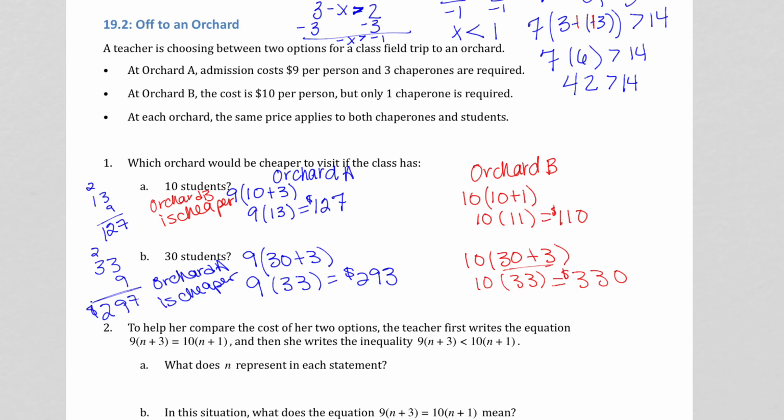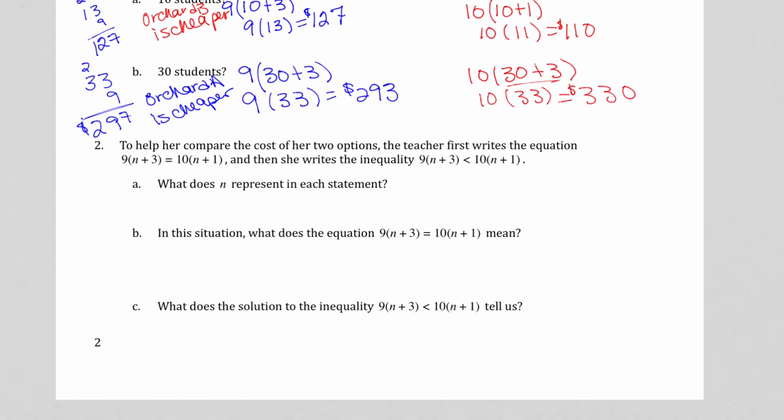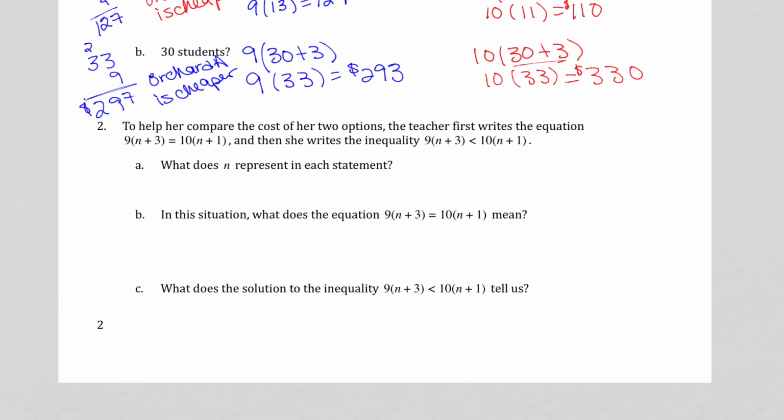Okay? To help her compare the cost of the two options, the teacher first writes the equation 9 times the quantity of n plus 3, so n being the number of students, and 10 equals 10 times the quantity of n plus 1. Then she writes these values as an inequality.